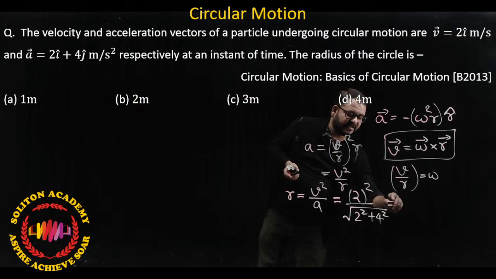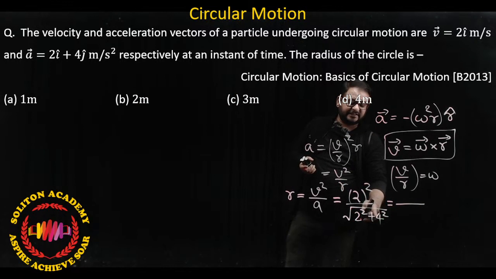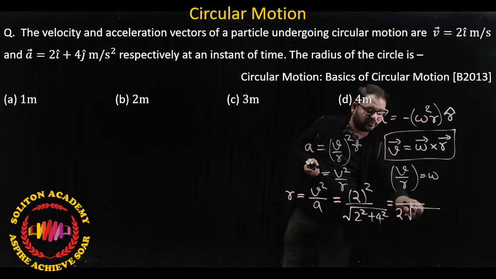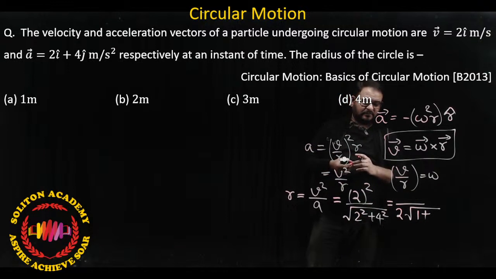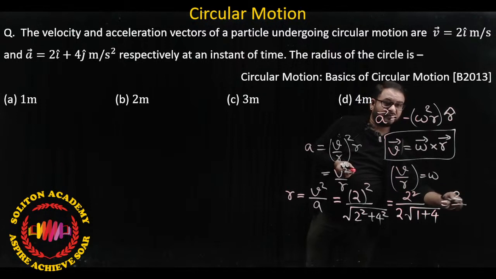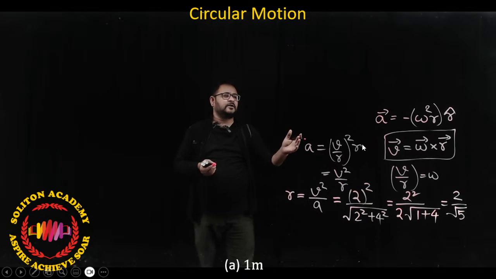So, we can very well find out, take out 2 root of 1 plus 4, and then this will be 2 square, so this will be 2 by root 5. Okay, let's think about it. No, let's go back.